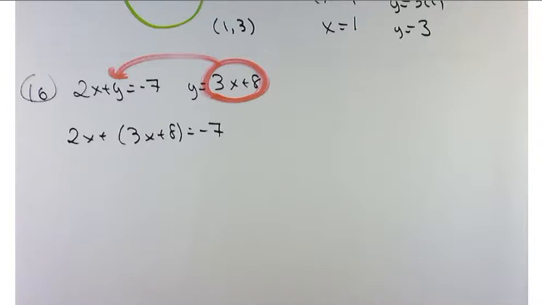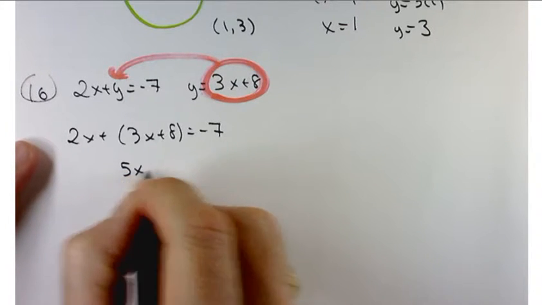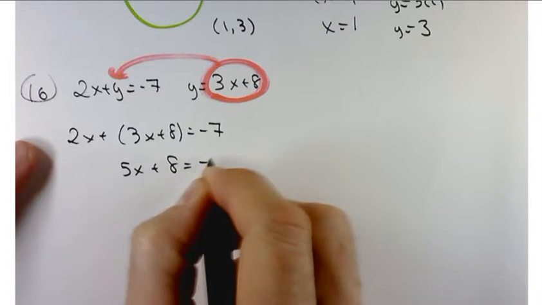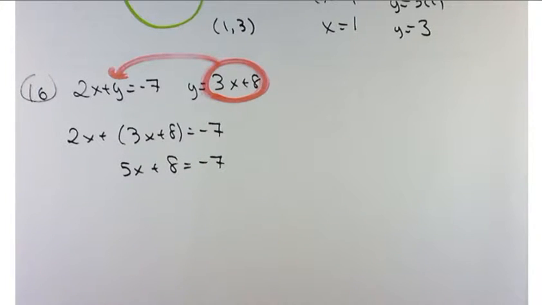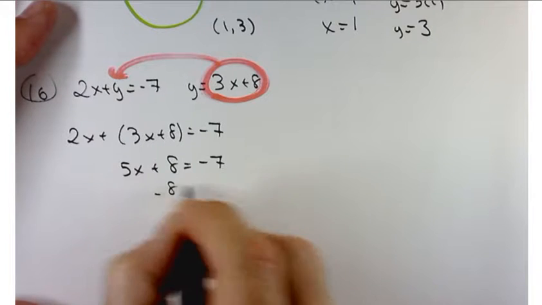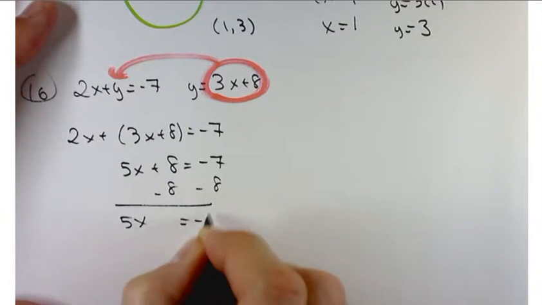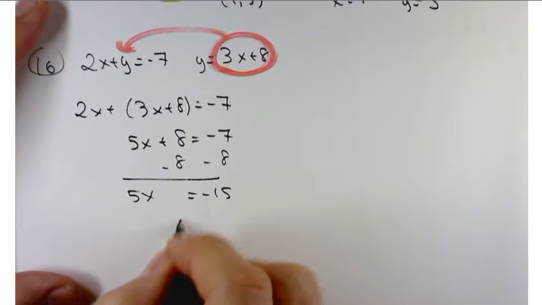All right. If we combine the like terms, what would I get? 5x plus 8 equals negative 7. All right. Looking better. Then what? Yeah, thank you. Subtract 8 from both sides. 5x equals negative 15. x equals what?